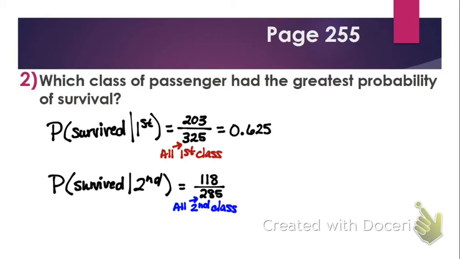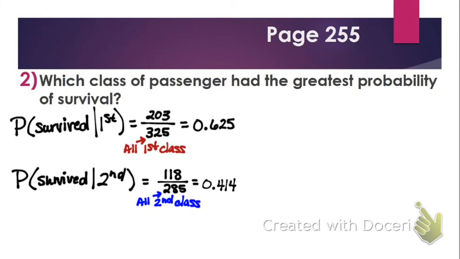So there were 118 survivors out of 285 second-class passengers. That doesn't look like a horrible proportion. What would that be as a decimal? I want to compare it. 0.414. If you were a first-class passenger, you had what percentage chance of survival? Yeah, you have like a 63% chance of making it. Not great odds, but it's certainly better than second class where you only had a 40% chance of survival.